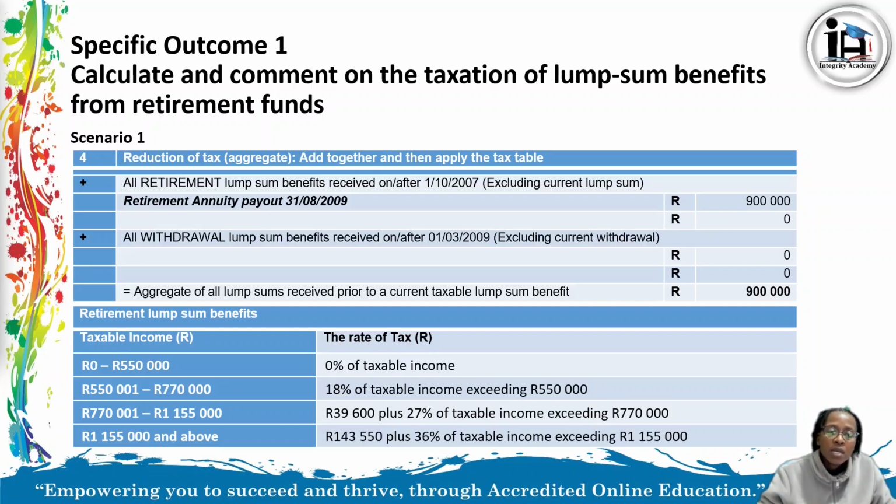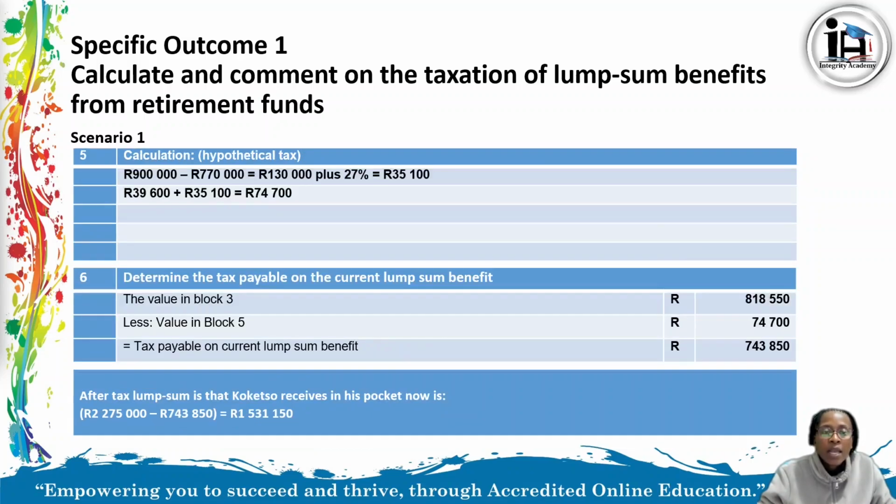Therefore, our aggregate of all lump sums received prior to the current taxable lump sum benefit is 900,000. Then we use the retirement lump sum benefits tax table, which is there, and then we calculate the 900,000 minus 770,000, which is 130,000, plus 27%.